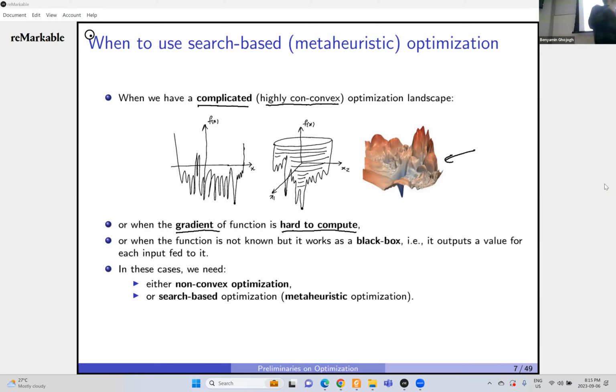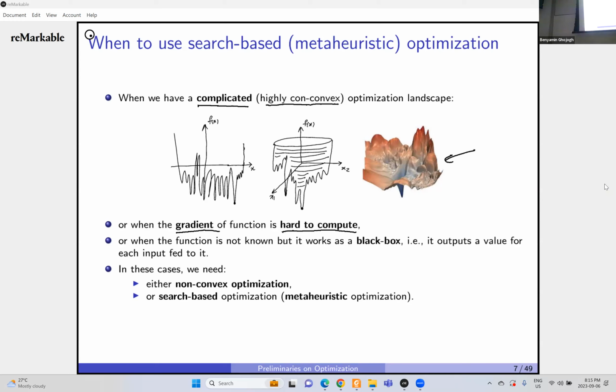Because metaheuristic optimization usually doesn't use any gradient, right? Also, another case: what if you have a black box? Your system, especially if you're a system designer, is a black box. You don't have access to the inside of it, especially when you want to do reverse engineering, right?